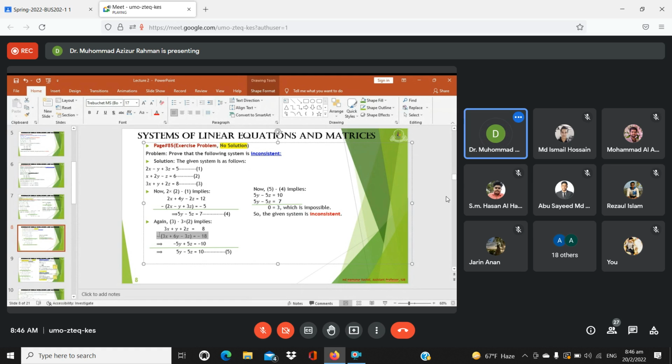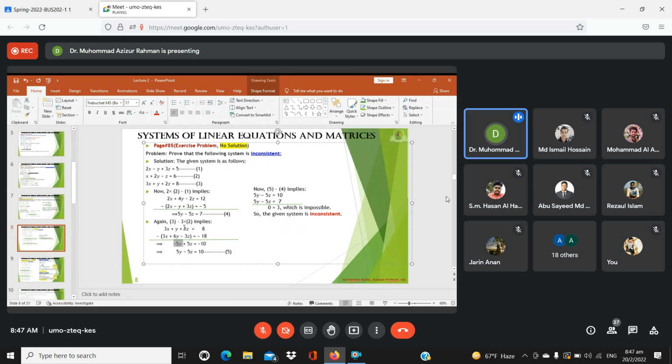Now we subtract, and we found that x is gone. We have y minus 6y, that means you have minus 5y.